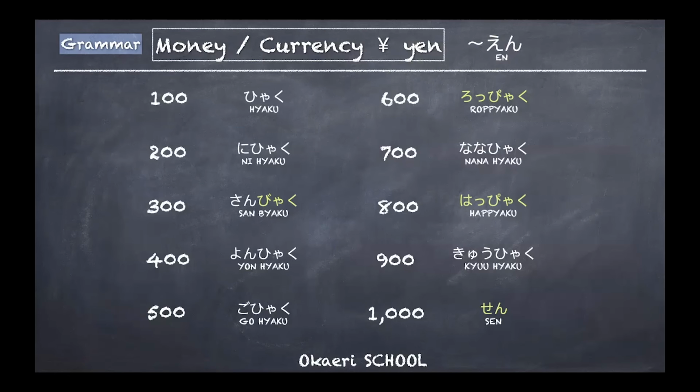This is the Japanese learner killer pronunciation. We don't say it the regular way, we say it the irregular way, that's 600. 700, that's 700. 7 and 100, right? Literally. And 800, again, irregular.